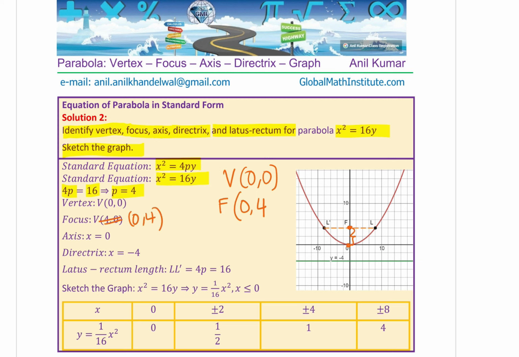As far as the axis goes, the axis is the vertical line shown here as the y-axis. So the equation of the y-axis is x equals 0. That becomes the axis for us. When I say axis, it really means that there are points which are symmetric about it. It makes sense.